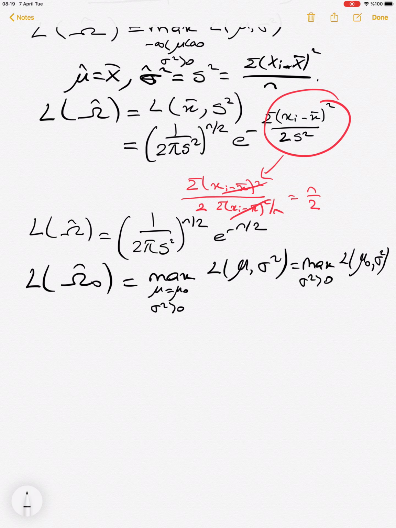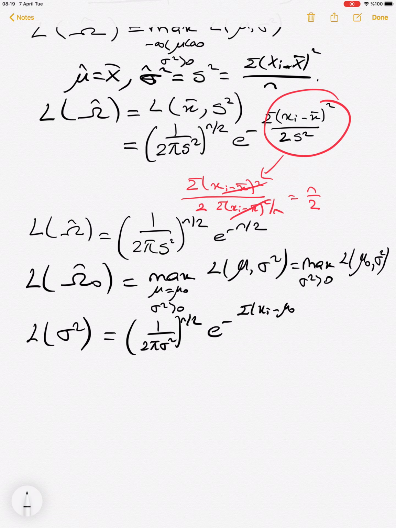So let's find the maximum likelihood estimator for sigma square, where mu is replaced by mu 0. So for sigma square under this condition, we have 2 pi sigma square to the n over 2, e to the minus summation xi minus mu 0 whole square over 2 sigma square.